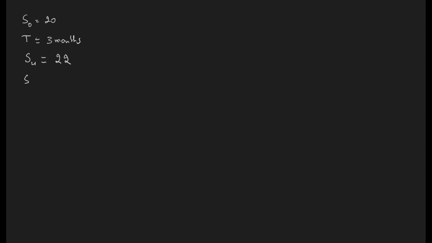And if it goes down, we know that that future price is going to be $18. And the call option that is written on this stock has a strike price K that's equal to 21. And what we are asked to find is the price of that call option.